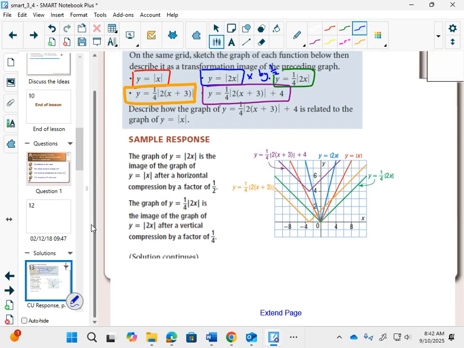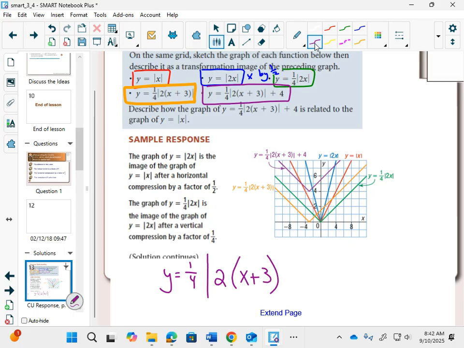So this is what I want you to write down. I want you to think about that purple one, so I'm going to write it in purple. y equals 1/4 absolute value of 2x plus 3, absolute value, plus 4.